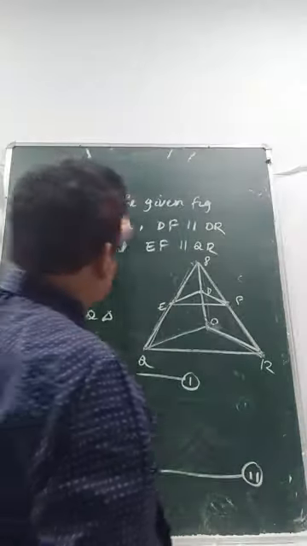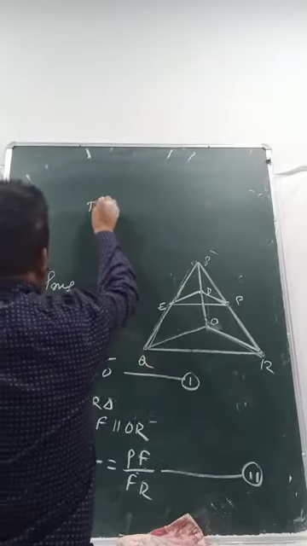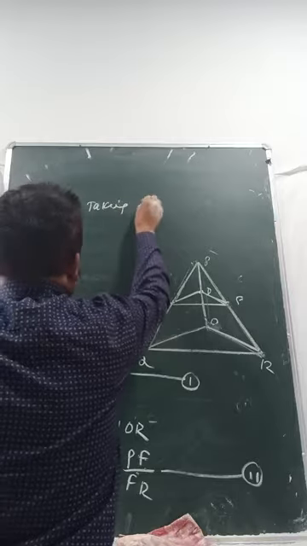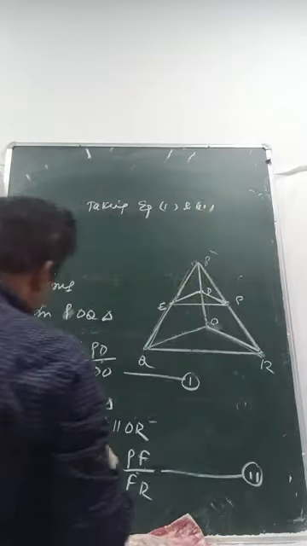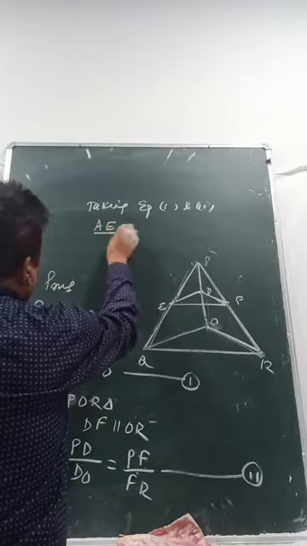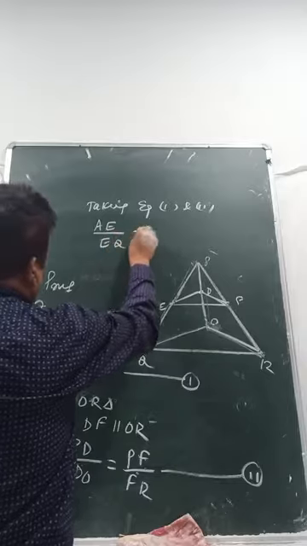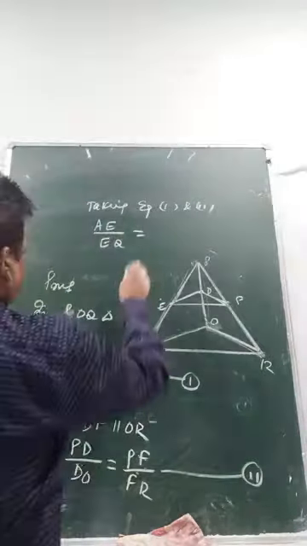So, taking equation number 1 and 2, AE by EQ equals PF by FR.